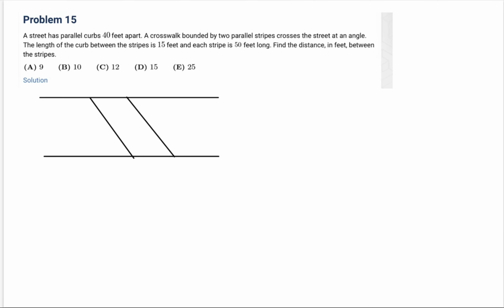The length of the curb between the stripes is 15 feet, so it's saying that this much is 15 feet. And the curbs are 40 feet apart, so this much is 40 feet. And then each stripe is 50 feet long, so this much is 50 feet. Oh, yes. So this much down here is 40 feet.